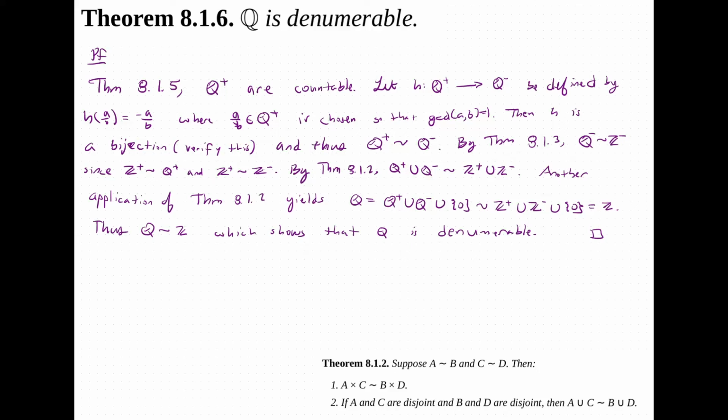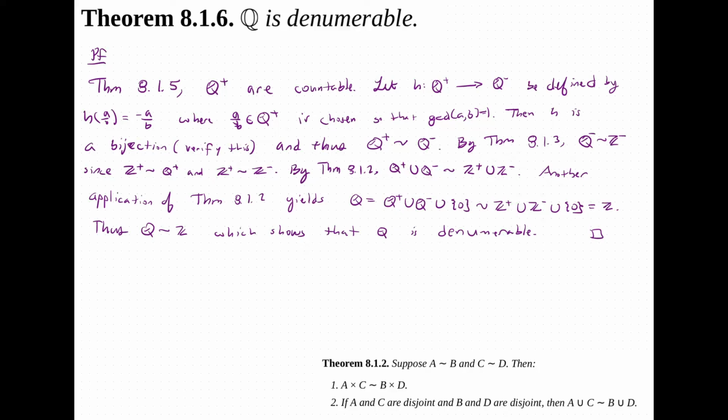And that's what we have done here. When we applied theorem 812 again, we were thinking about this as our set A, and our positive integers union negative integers as our set C, and both B and D were just a set containing the element 0. And taking the unions, we got back the rationals and the integers. And we got that these were equinumerous by the theorem.